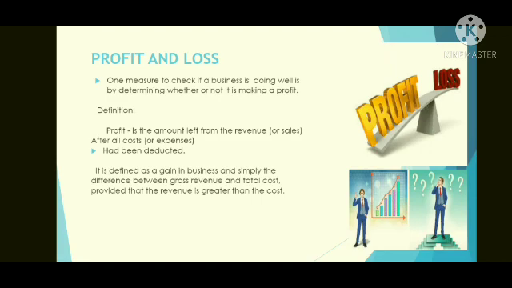In definition, profit is the amount left from revenue or sales after all costs or expenses have been deducted. It is defined as a gain in business and is simply the difference between gross revenue and total cost, provided that the revenue is greater than the cost.